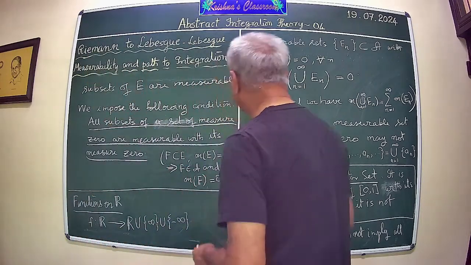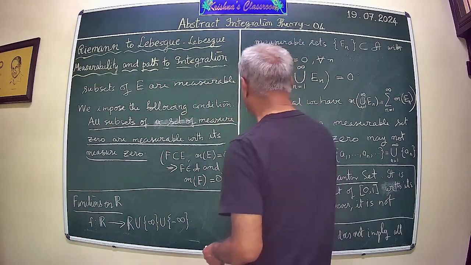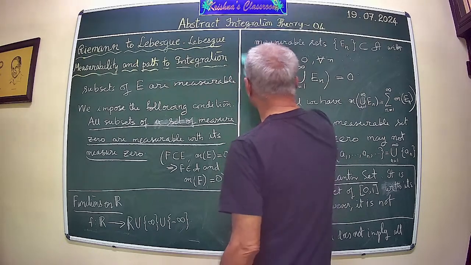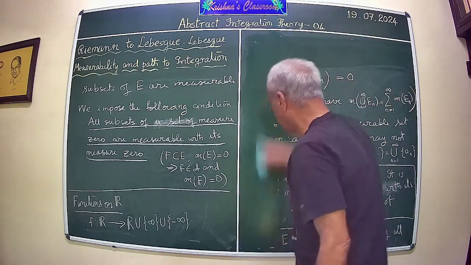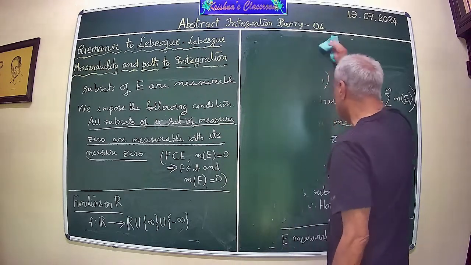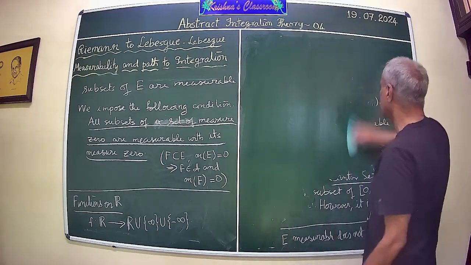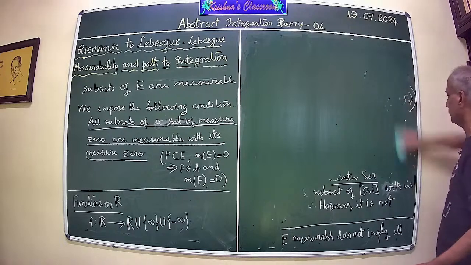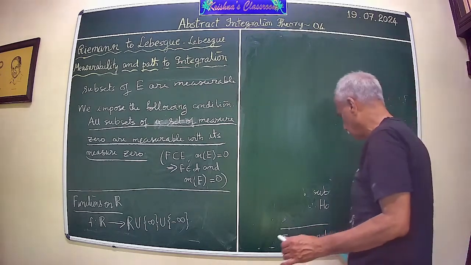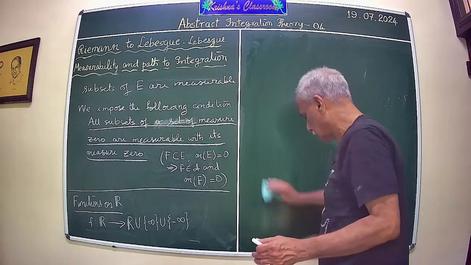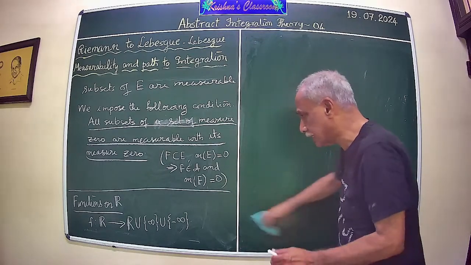That means it may take values plus infinity or minus infinity at some places. Okay, so we are not going to exclude that. That is what you call an extended real valued function.